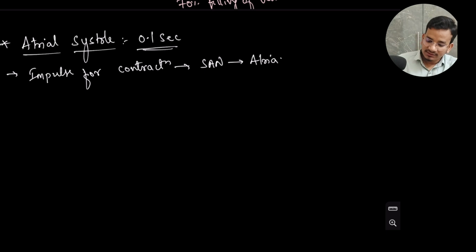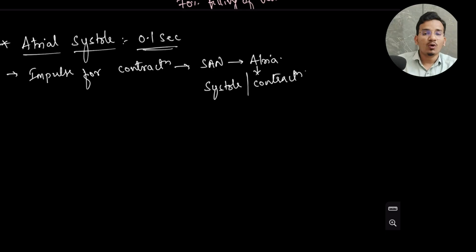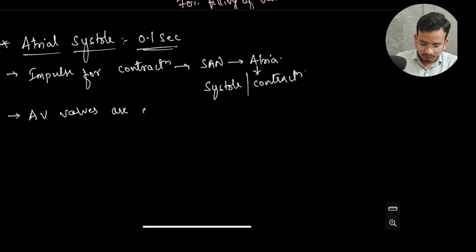So that's why the atria will undergo systole or contraction. Contraction of the atria is taking place in the atrial systole as the SAN is generating the impulse. Due to the contraction, here also the AV valves are open and the semilunar valves are closed.